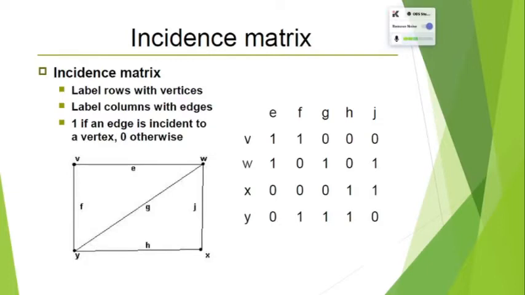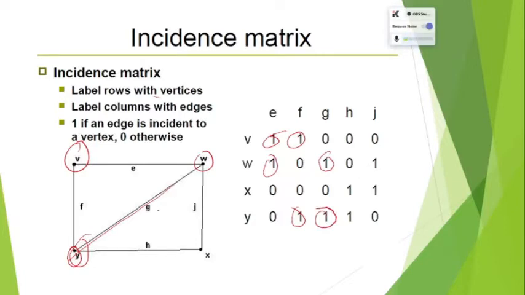While yung F naman, ang connected sa kanya na vertices would be, what? Yung V at saka Y. Kaya, si V at saka si Y lang yung naka-1. While yung G naman, itong linyang ito, ang connected sa kanya is si Y at saka si W. As you can see, si W at saka si Y lang din ang naka-1.